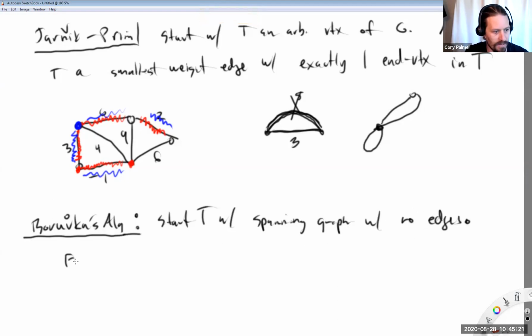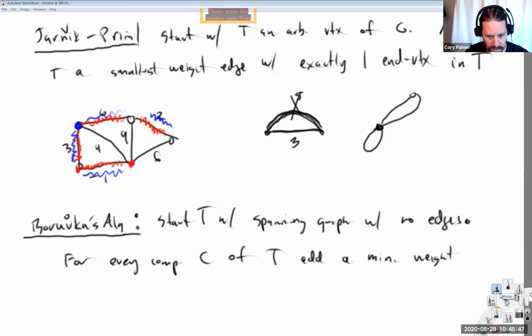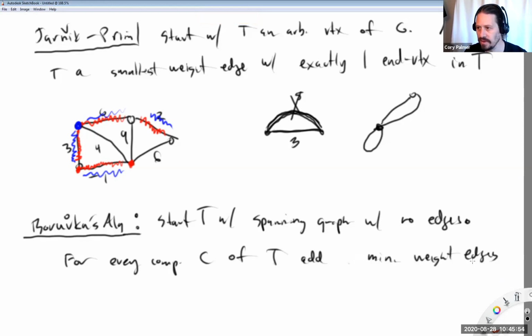Okay, so now at each step, for every component C of T, add minimum weight edges, with exactly one end vertex in C. So we actually add multiple edges here.